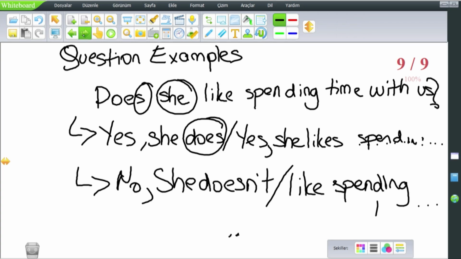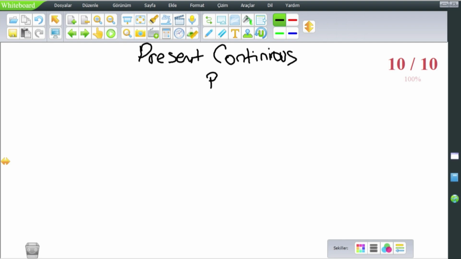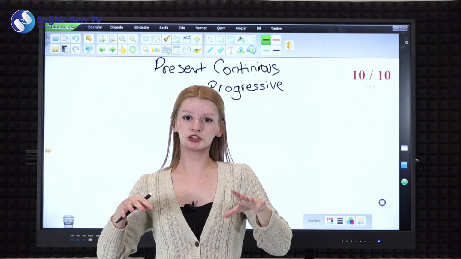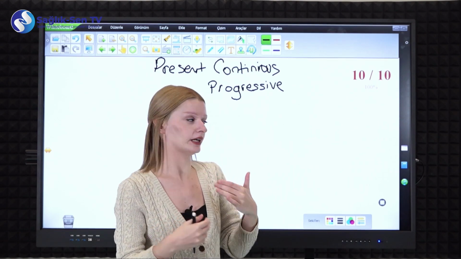Okay. It's time for present continuous, which is also bazı yerlerde present progressive olarak da görebilirsiniz. Bir hatırlayalım. Present continuous neydi? We're talking about the actions that are happening right now at the moment as we're speaking.